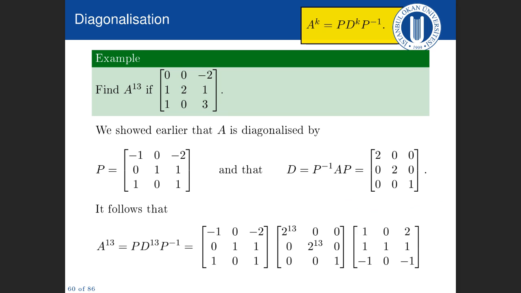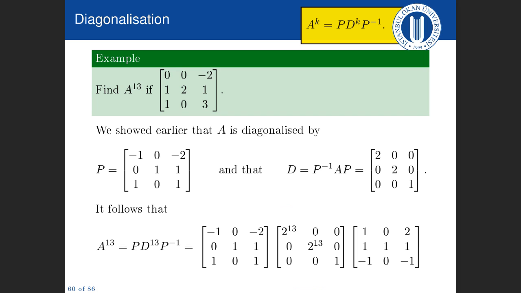So, using the formula in the yellow box, A to the power 13 is P, D to the power 13, P inverse. And D to the power 13 is very, very easy. That's just the diagonal matrix with the entries 2 to the power 13, 2 to the power 13, and 1 to the power 13, or just 1, on the main diagonal.